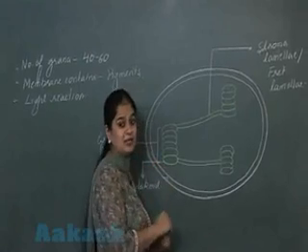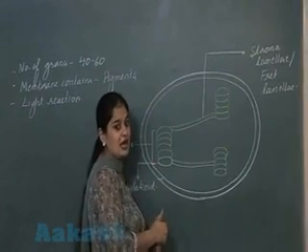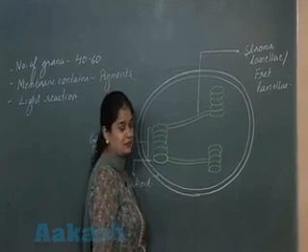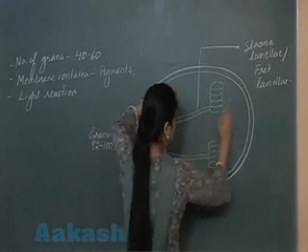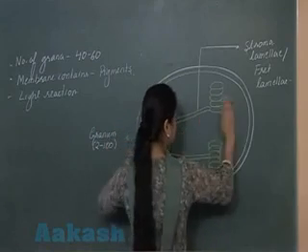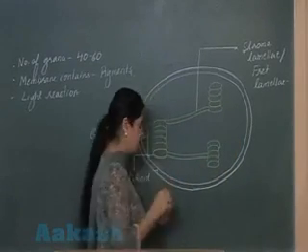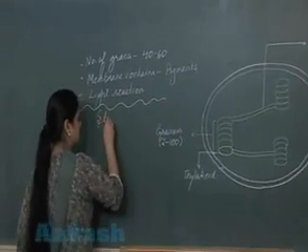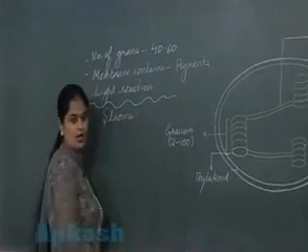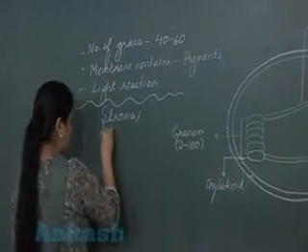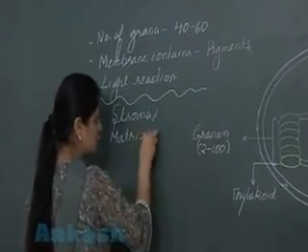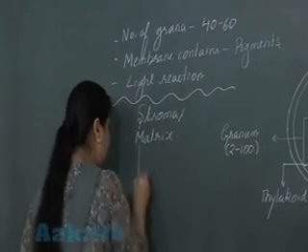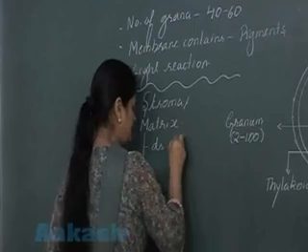थैलेकॉइड की मेम्ब्रेन में प्रेजेंट है फोटोसिंथेटिक पिगमेंट्स, and these photosynthetic pigments help in the light reaction of the photosynthesis. And this proteinaceous complex which is present here, this represents stroma. ये जो प्रोटीनेशियस कॉम्प्लेक्स है, this represents stroma, or you can call it matrix. अब स्ट्रोमा के अंदर प्रेजेंट है डबल स्ट्रैंडेड सर्कुलर डीएनए.